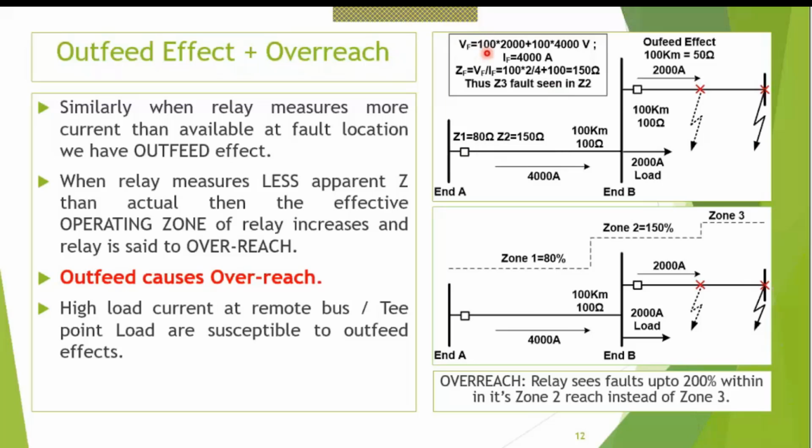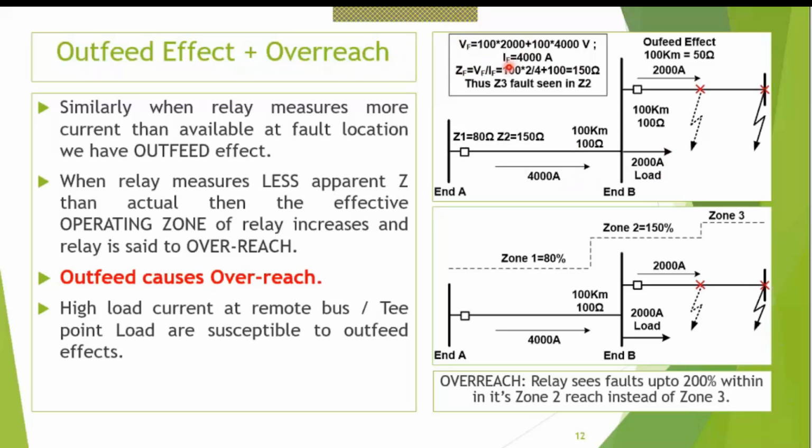So 100 into 2000, the voltage rise over this line, plus 100 into 4000. This is not 2000 anymore because 2000 is being taken away from this bus. So 100 into 4000.